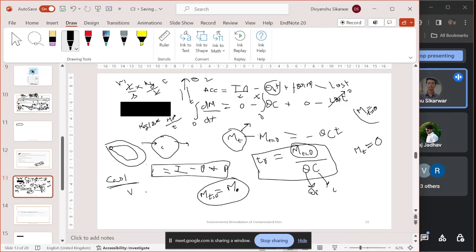If I know the value of porosity and the total volume of soil, then let's assume we take this cube as the region where we need to do treatment.